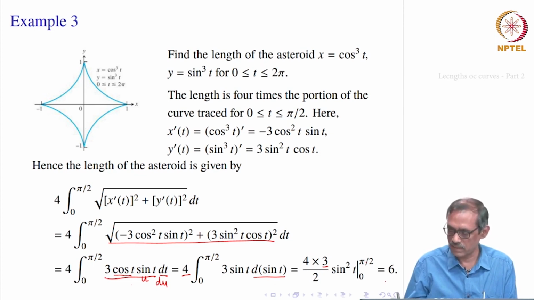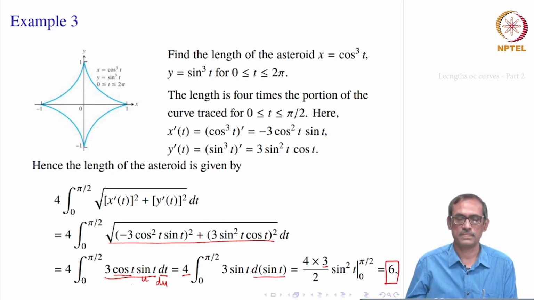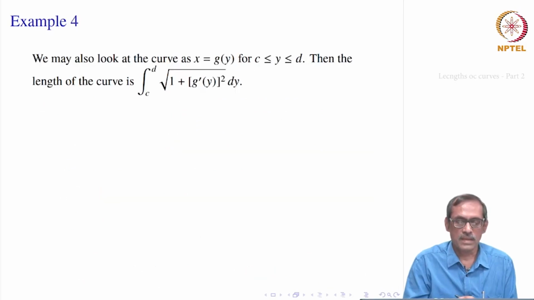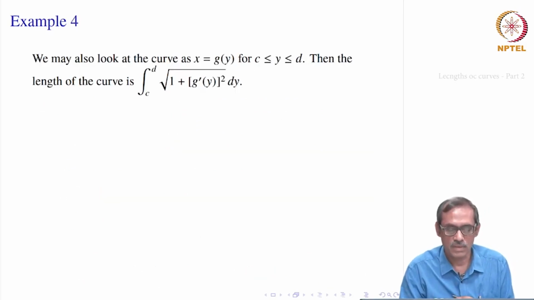So, verify that it simplifies to this answer 6. Of course, you could have done it directly instead of multiplying by 4, but this becomes easier once you know the shape of the curve, where the curve is exactly lying. Okay. So, let us take one more example to fix the idea.